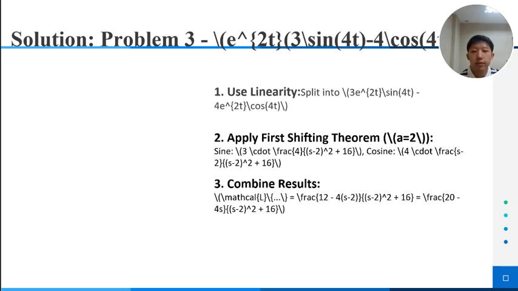We apply the first shifting theorem to each term with a as 2, using the transform pairs for sine and cosine. Finally, we combine the two results over a common denominator to get the simplified answer.